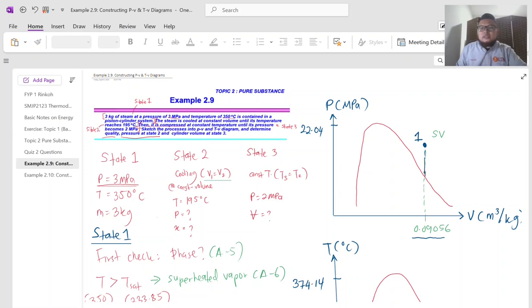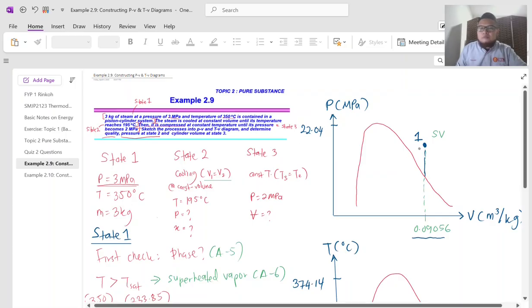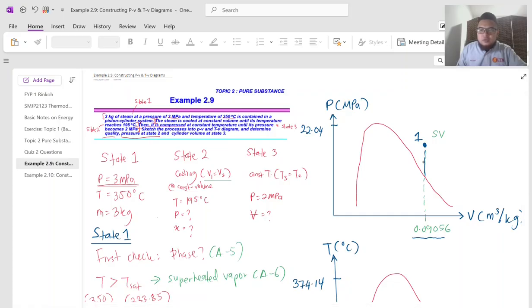It's not going to go sideways. It's going to have a constant volume, or no change in volume, whereby you go only in the downward direction. And since it's inside the vapor dome, it's not going to stop here. It's going to stop somewhere here, and that's going to be your state 2.